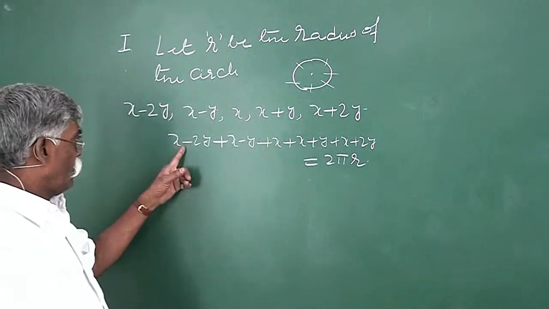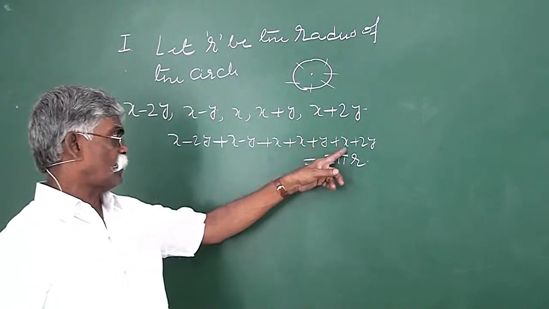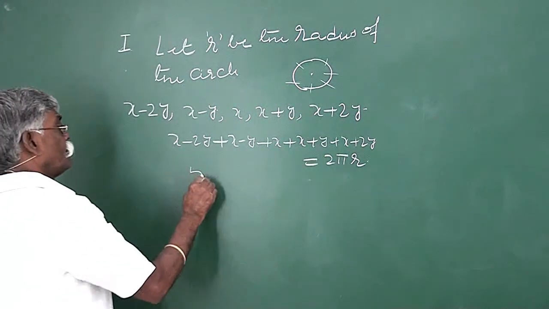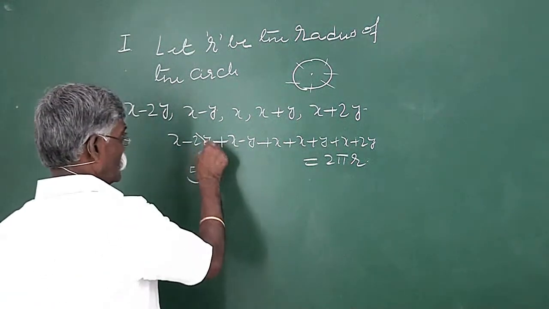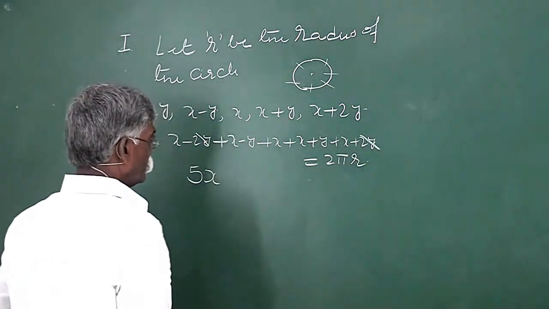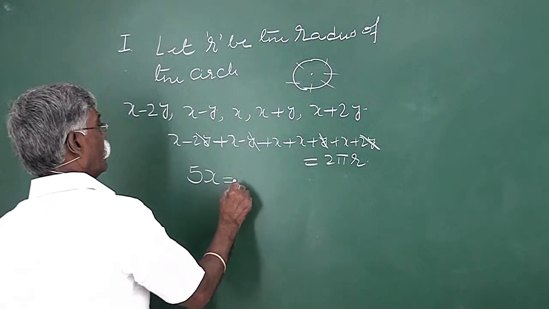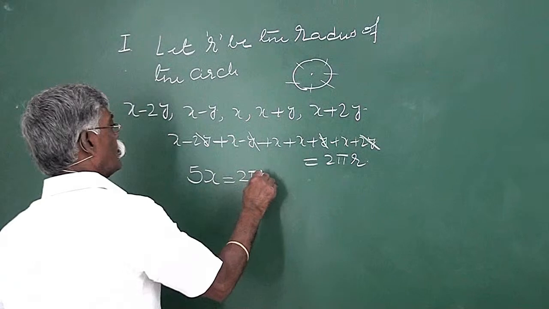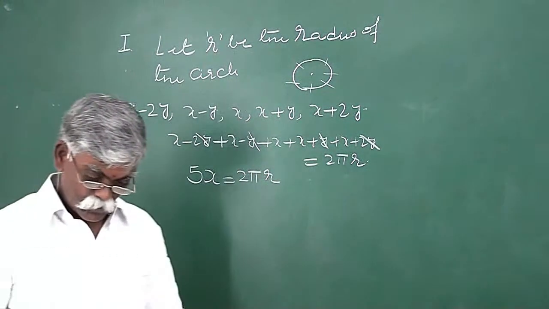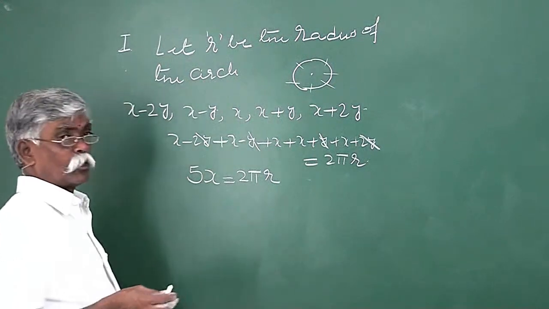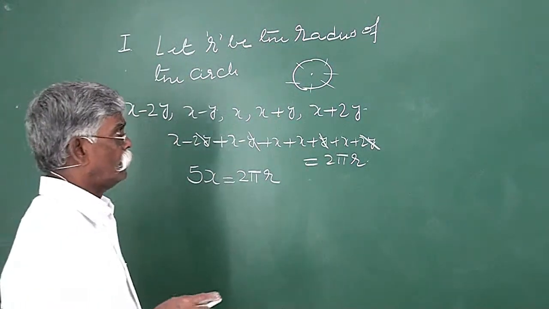Therefore, x, 2x, 3x, 4x, 5x, and this 2y gets cancelled, this y also gets cancelled, is equal to 2 pi r we got. So 5x is equal to 2 pi r, or x is equal to 2 pi r by 5.